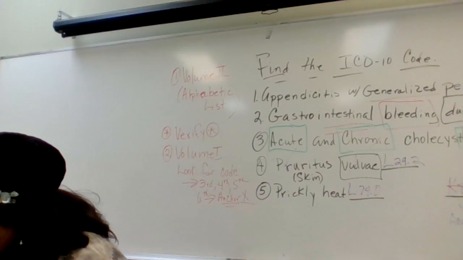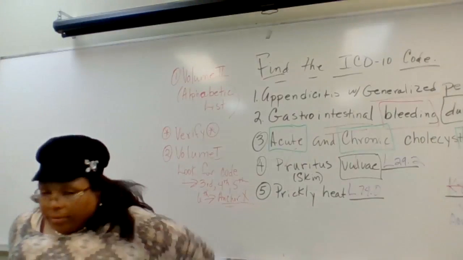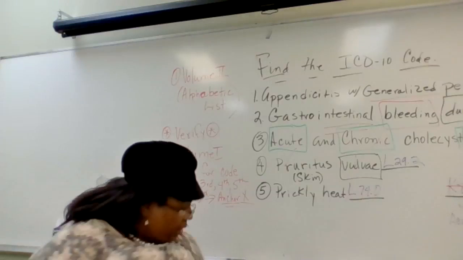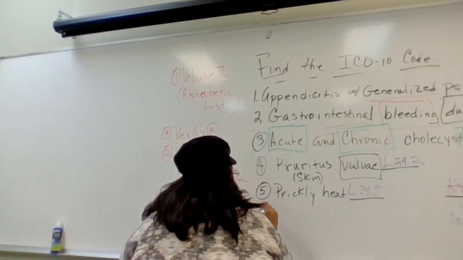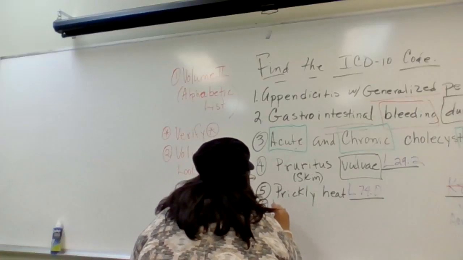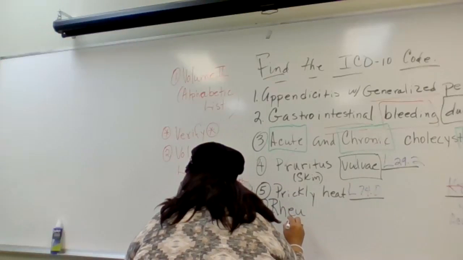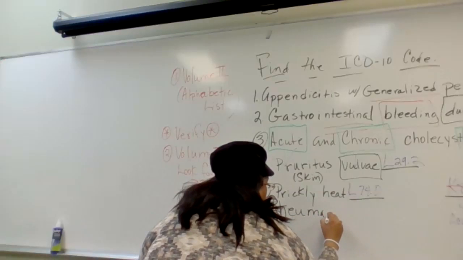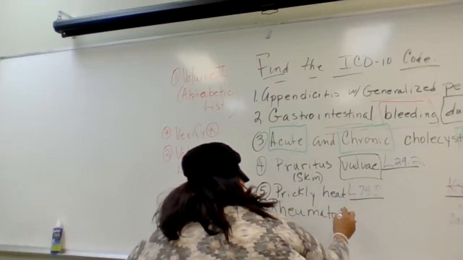Diseases of the musculoskeletal system. Rheumatoid arthritis. Oh, rheumatoid arthritis. Am I spelling it right, Tasha? Rheumatoid, O-I-D, arthritis, right?